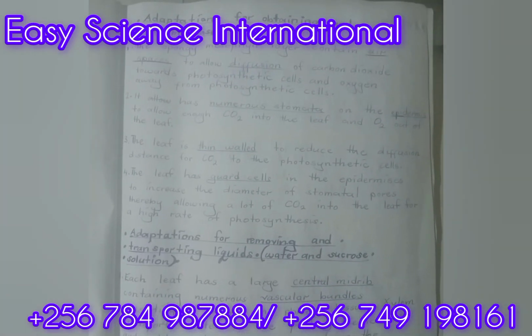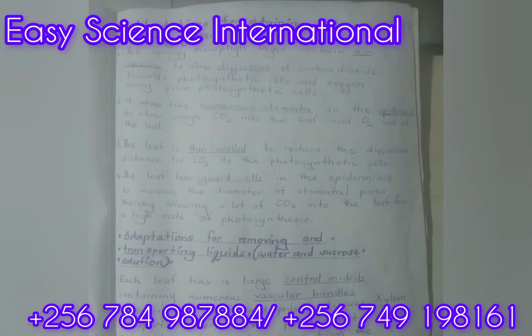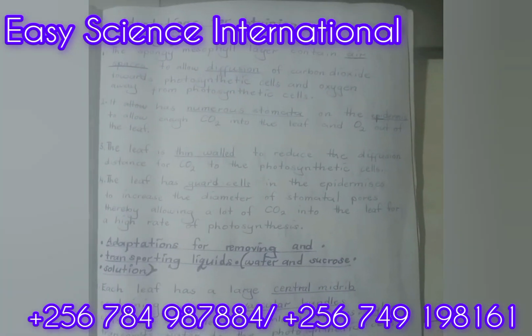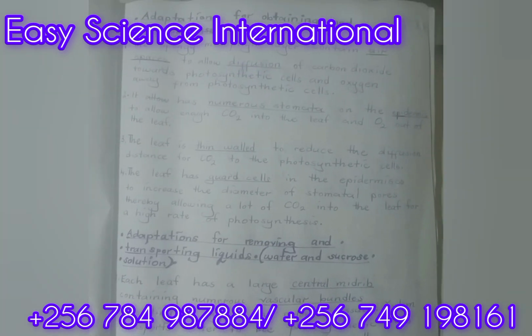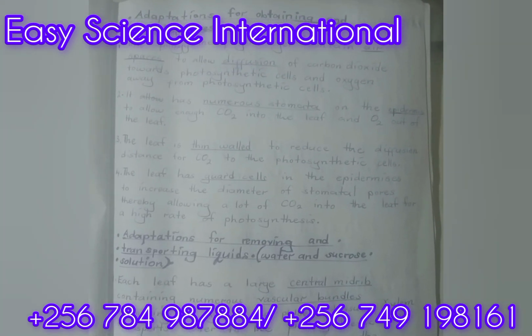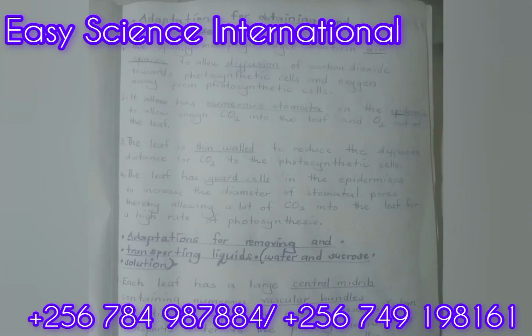Now we want to look at adaptations for obtaining and removing gases. First, we look at the spongy mesophyll layer, which contains air spaces. This allows diffusion of carbon dioxide towards photosynthetic cells and oxygen away from photosynthetic cells.